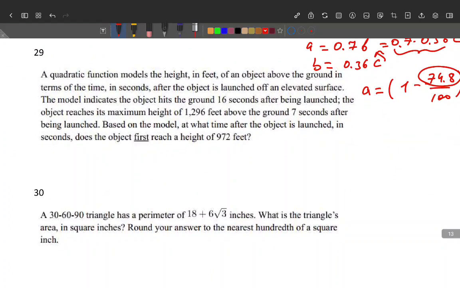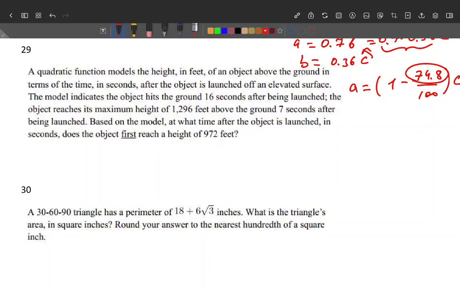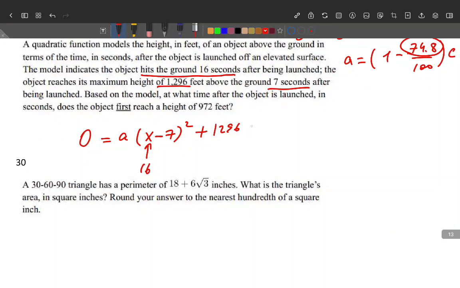Okay, in this next question, we should find its maximum height at this point, it means we should write our parabola in vertex form. They are saying it hits the ground at this point. It means if x is 16, it hits the ground, it will be 0.